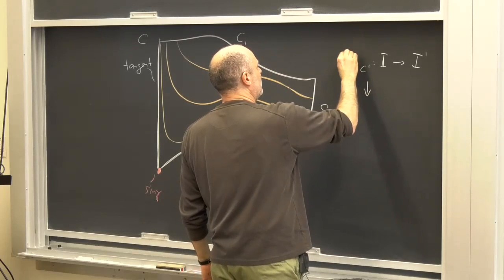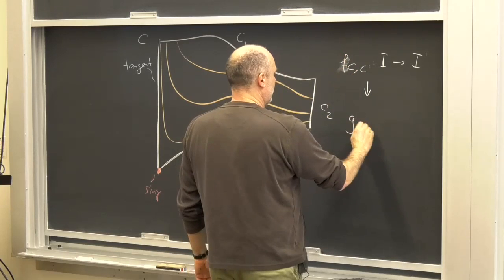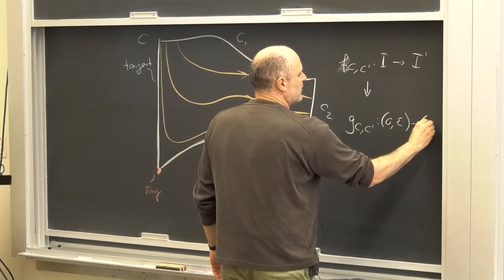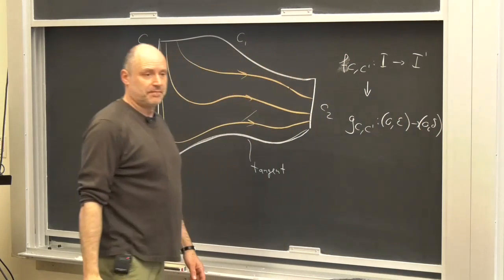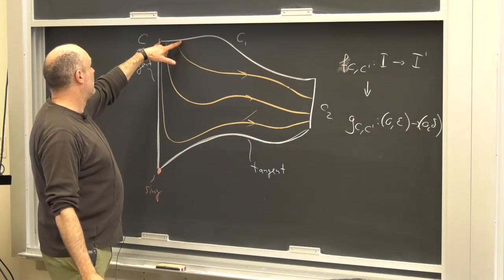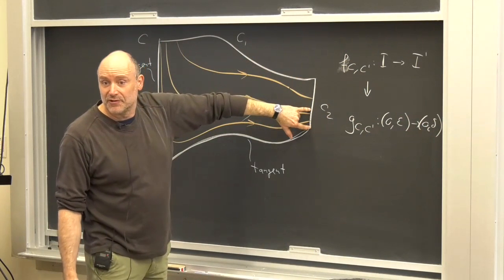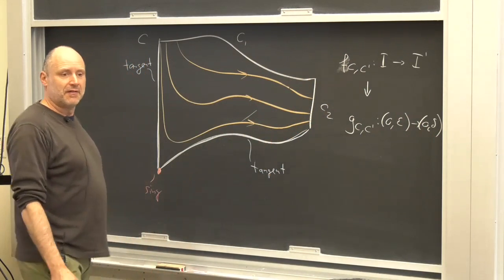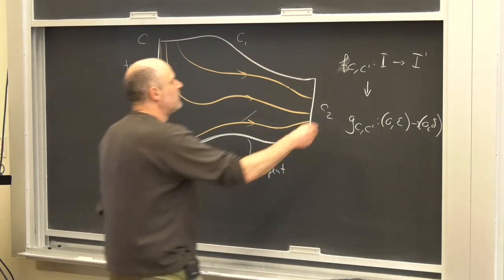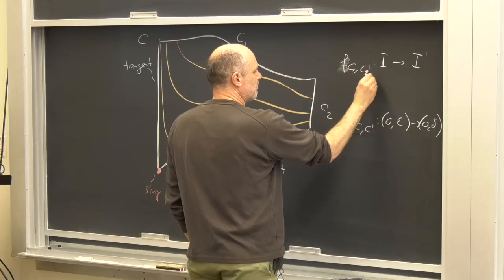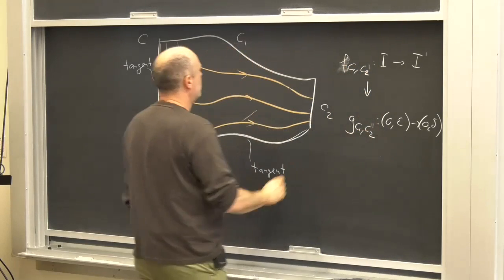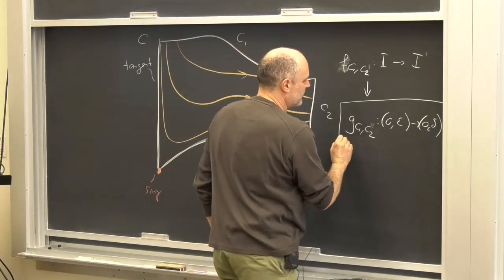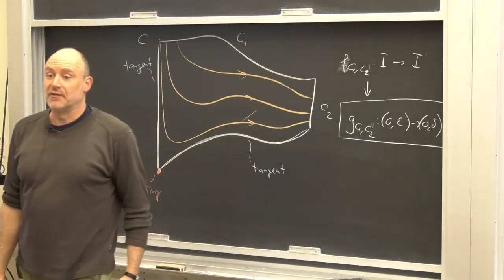Sorry, I called this F_{C,C'}, to studying what I call G_{C,C'} from (0, epsilon) to (0, delta). Right, so by coding a piece here and a piece here, introducing definable coordinates, and then pulling F_{C,C'} back. You mean F_{C1,C2}? C1, C2, yes. Right. Okay, so it's these maps here that we are going to study in some cases.